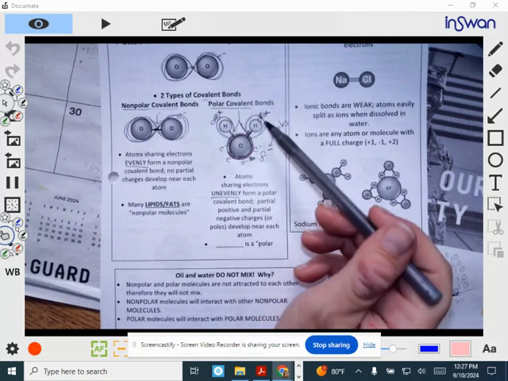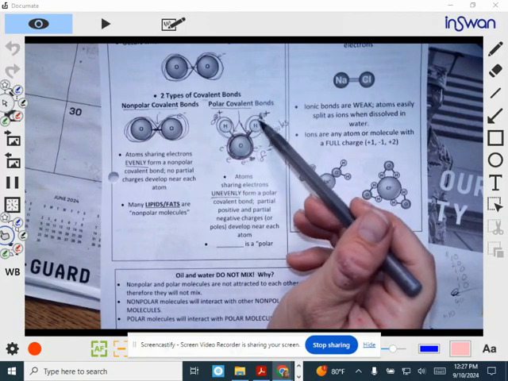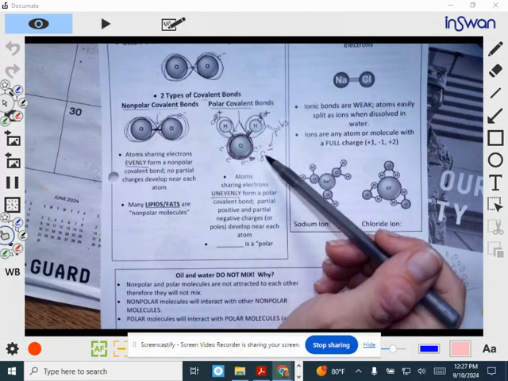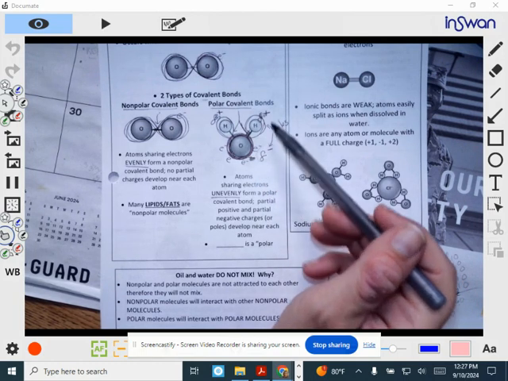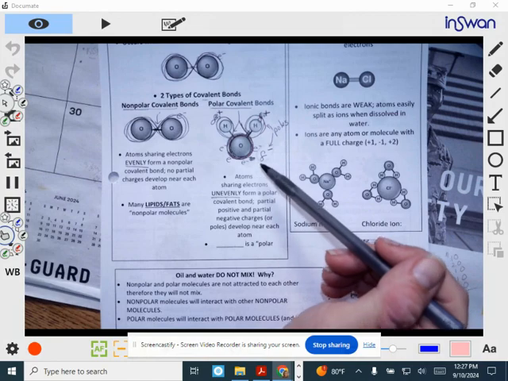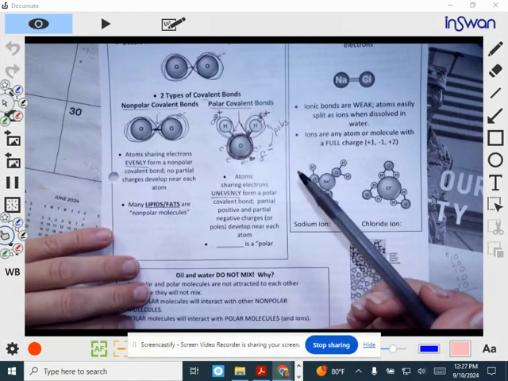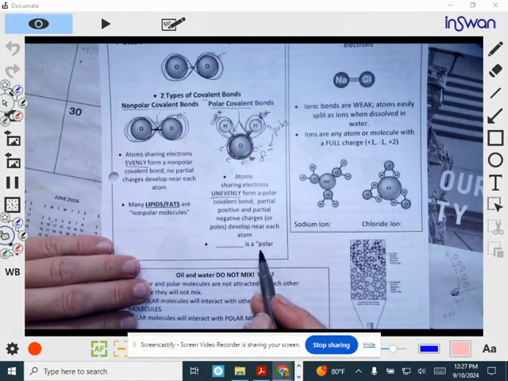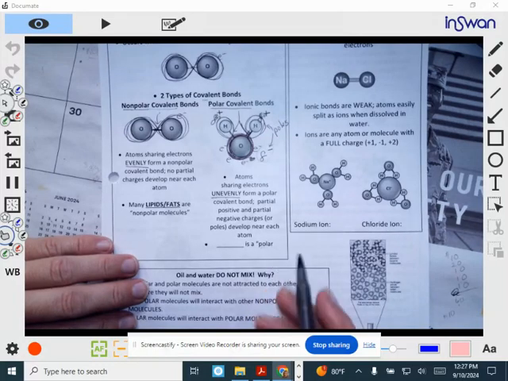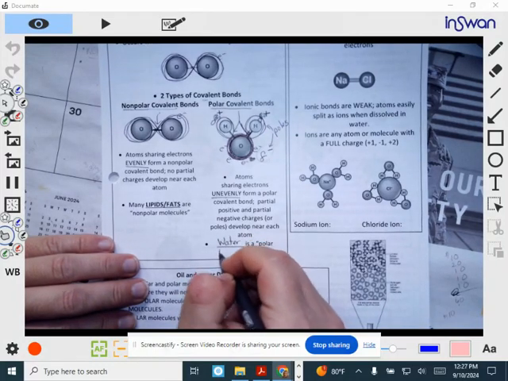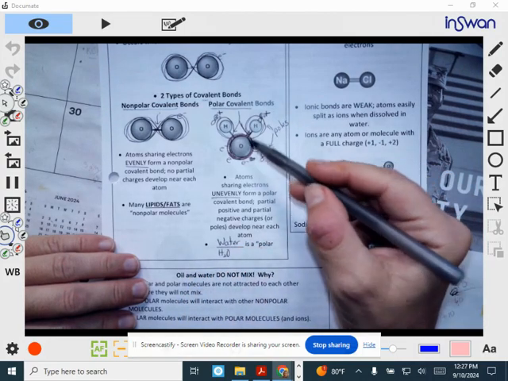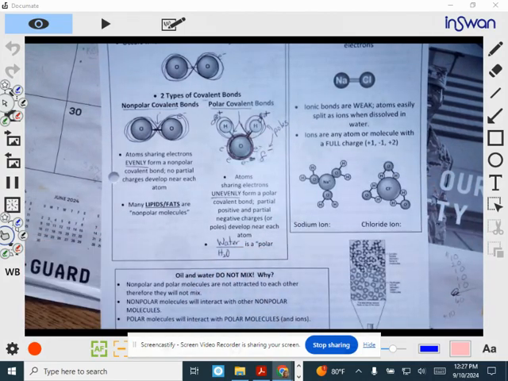If you see a molecule and it has partial positives written in some areas and partial negatives, then that just means electrons are being shared unevenly. Those poles have developed, so this is a polar molecule. A classic example of a polar molecule is water. H2O is a polar molecule because it's bonded together by polar covalent bonds.